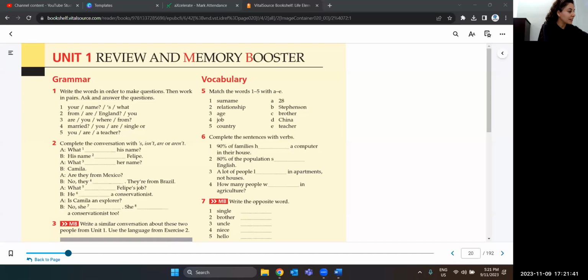So I'm in my book, on page 20, review for Unit 1. So let's do this part together. If you remember this entire unit, we've been learning about introducing ourselves, using the verb to be to give information about ourselves or someone else.